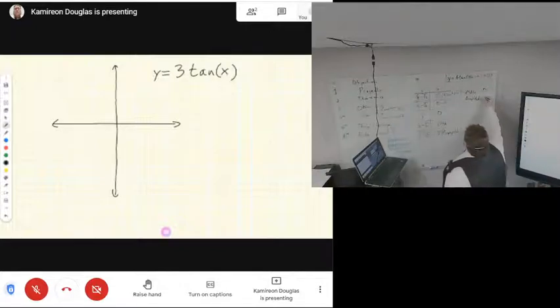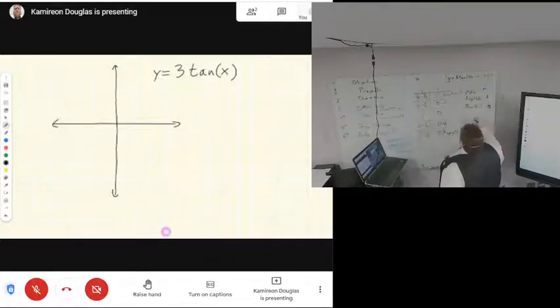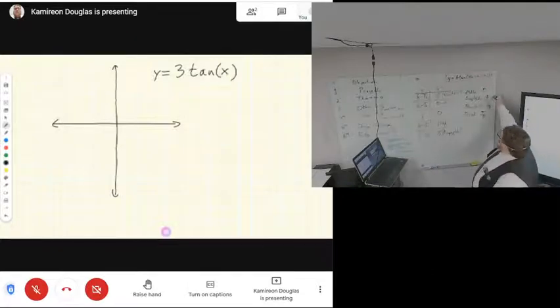And then we have my phase shift, which is still going to be how it moves left or right. That would be C over B. And then lastly, my period, but because this is tangent, the period has changed to being pi over B, not 2 pi over B. One last thing I make sure to put in, because it is A, the amplitude is absolutely valued.